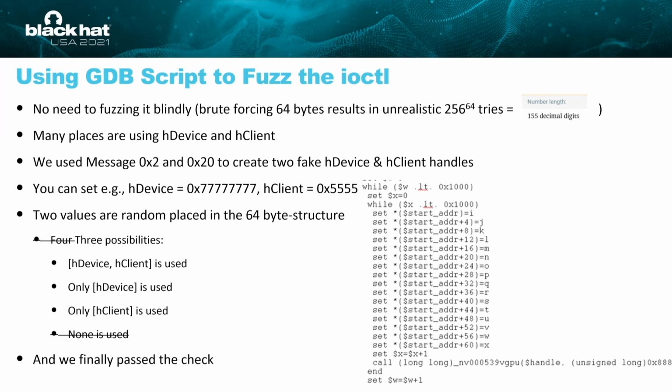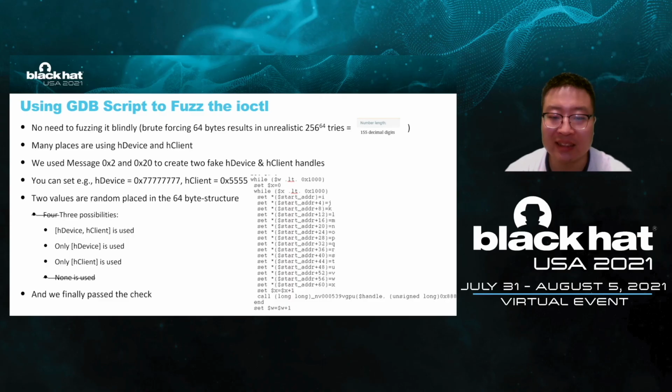The loop modifies the values of some of the variables randomly. If there are no findings after a period of time, the variables are randomized again. We use a fixed pseudo-random number generator, so it can be easily reproduced if we run into any problems. And we finally passed the check.